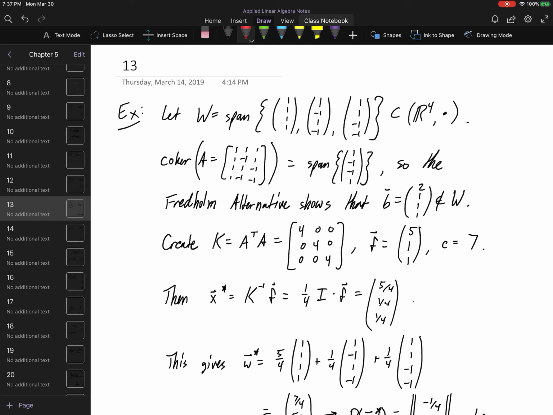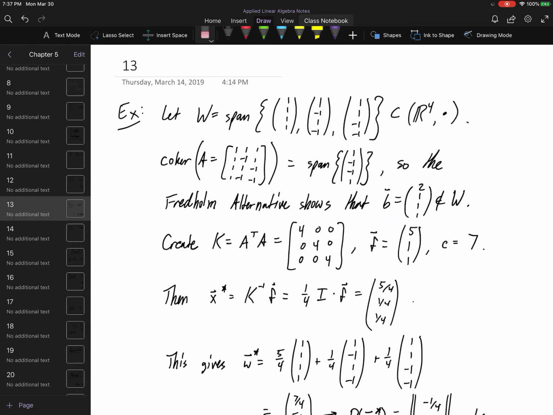But if we're not careful about our choice of solution vector, we can show that this vector B, if I take the dot product of it with a basis of W, which consists of a single vector, will be 2 minus 1 minus 1 plus 1 for a total of 1. That's not 0. That means that B can't be in my subspace.